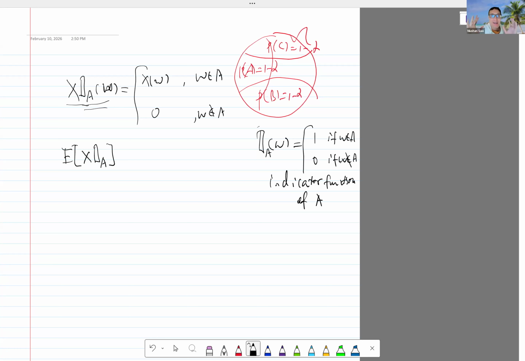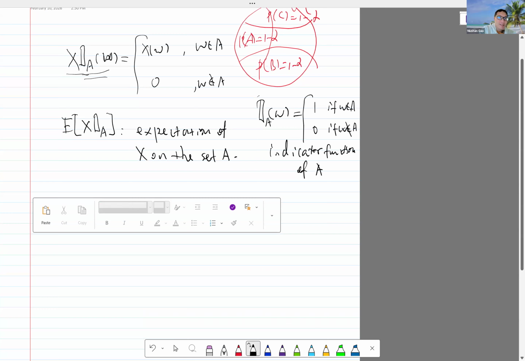So this is the expectation of X on the set A. On A, it's just X; outside A, it's 0. The new random variable X times the indicator of A is just 0 outside A, right? So this is the expectation of X on A. So what is this?